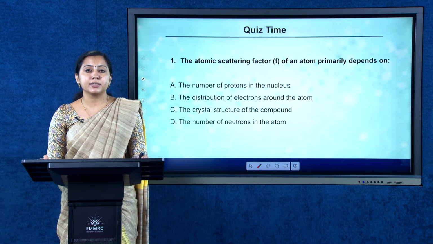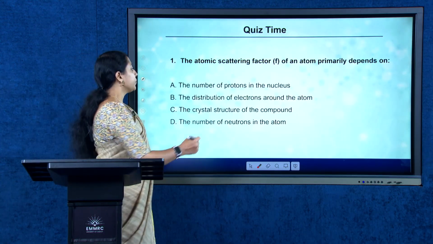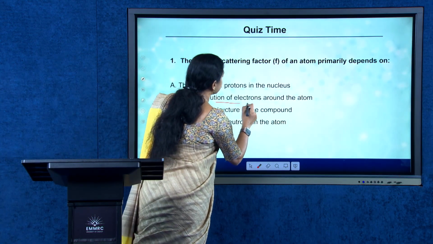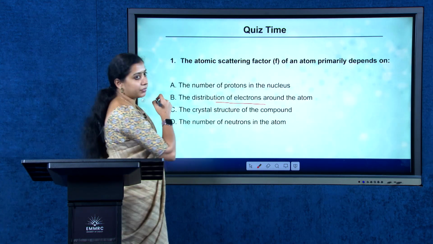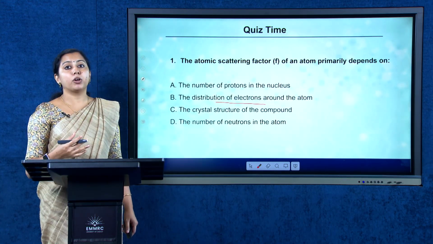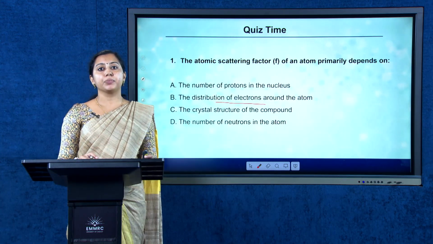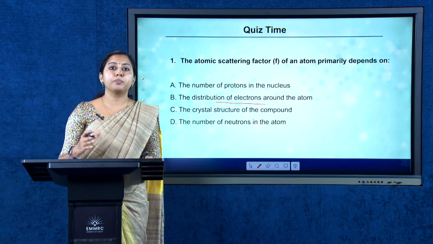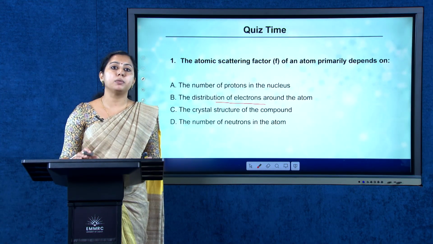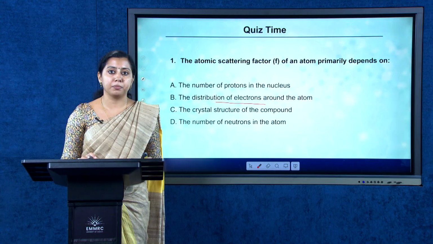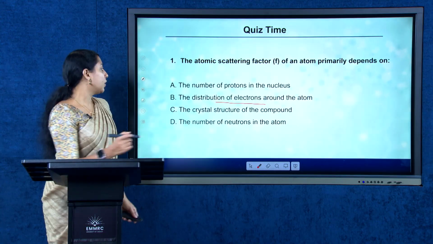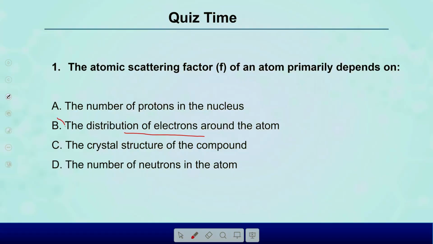So, the atomic scattering factor of an atom primarily depends on the distribution of electrons around the atom. Greater the number of electrons in an atom, greater will be the scattering power of the atom, or greater will be the atomic scattering factor. So, the correct option is option B, the distribution of electrons around the atom.